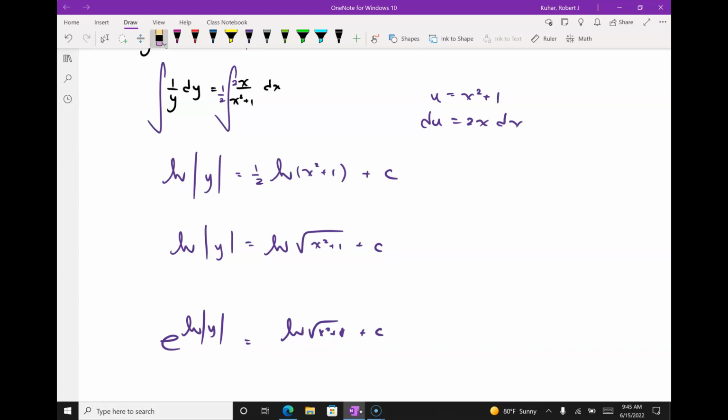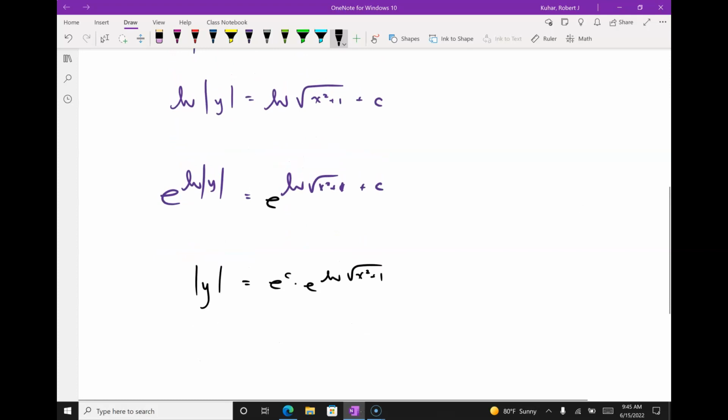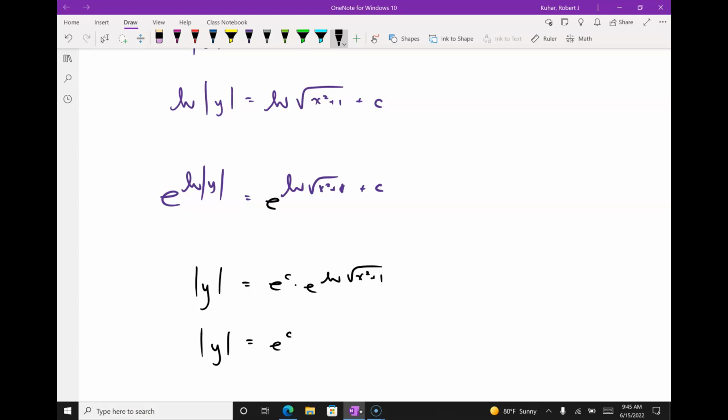My e's and my c's are starting to look the same, but so I get absolute value of y equals, before I take care of this e and ln canceling, I want to write it as e to the c times e to the ln, right? Just so I can see I'm going to get some constant out front of my square root.